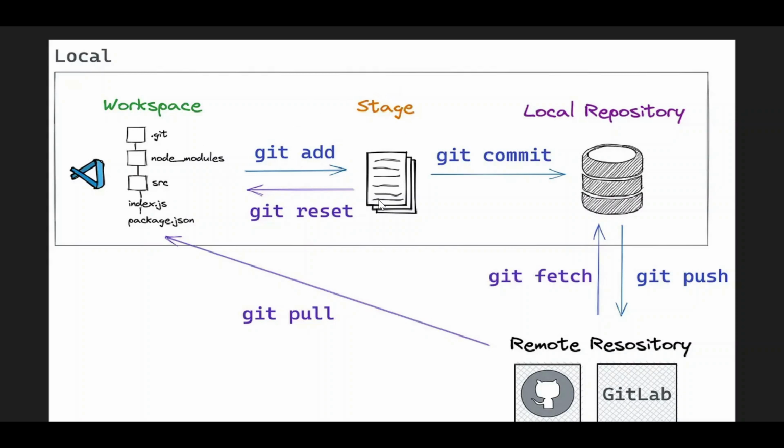Staging is an intermediate state, you can say, before committing into the local repository. To put the changes which are present in stage, we run the git commit command. Once git commit is run, it is now a part of the local repository. And by using git push, we are pushing those changes into the remote repository.